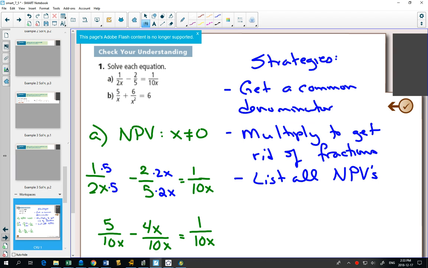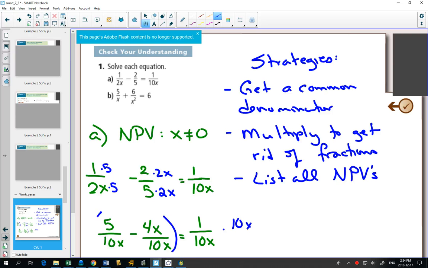Once you have a common denominator, with an equation, what you do to one side, you do to the other side. And if I wanted to get rid of the 10x in my denominator on the right side, I would have to multiply by 10x. Now, when multiplying by 10x, if I multiply this side by 10x, I have to multiply the other side by 10x.